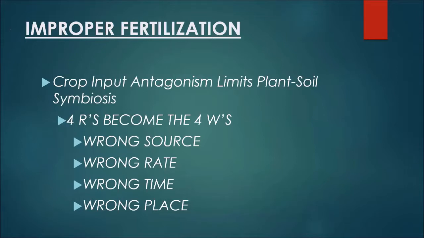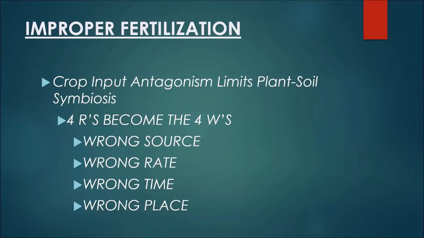The next piece to the puzzle is improper fertilization. So when you're talking about plant-soil symbiosis, there's nothing worse to plant-soil symbiosis than improper fertilization. And if any of you folks are certified crop advisors or agronomists or have gone to ag school, you've probably heard of the 4 R's: right source, right rate, right time, and the right place.